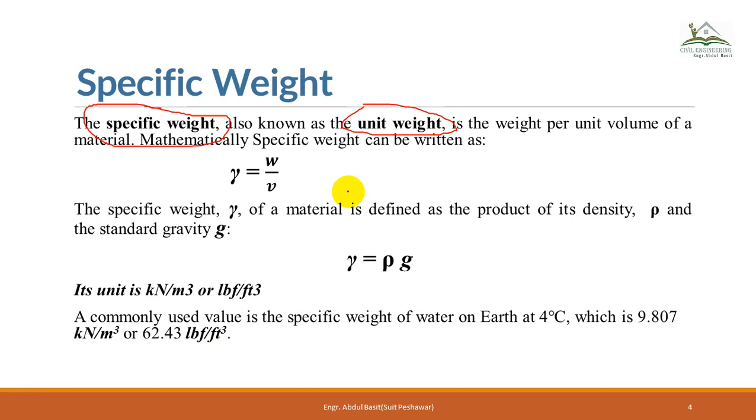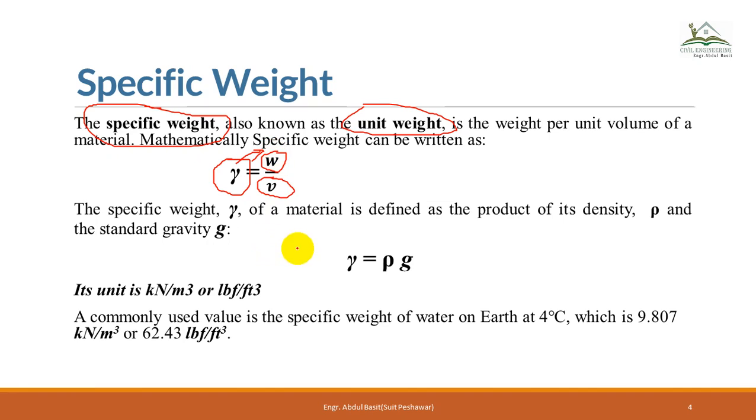Then talking about this, the specific weight or unit weight is denoted by gamma, which is equal to the weight per unit volume of any substance.